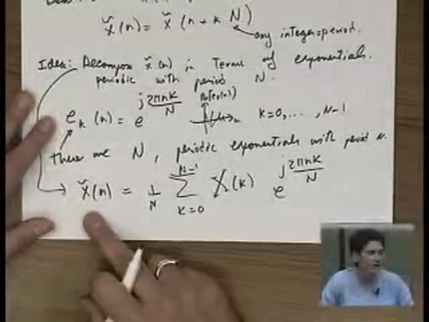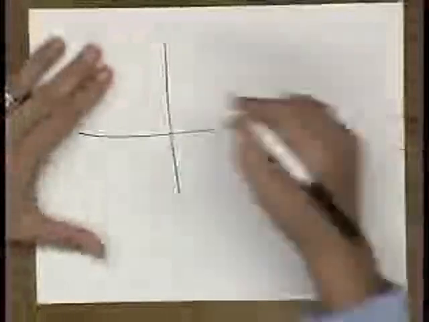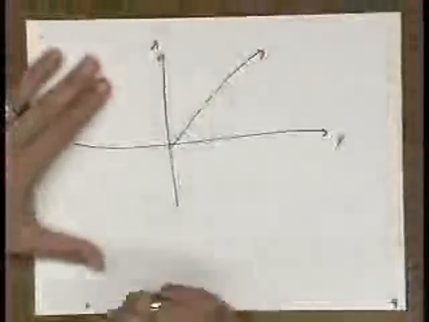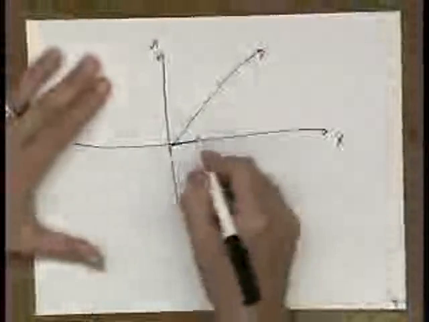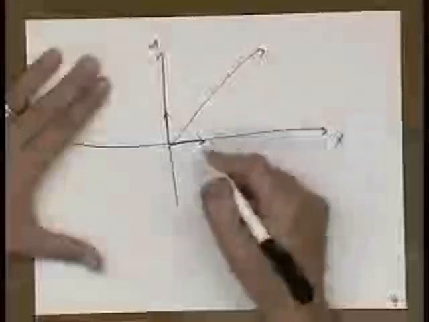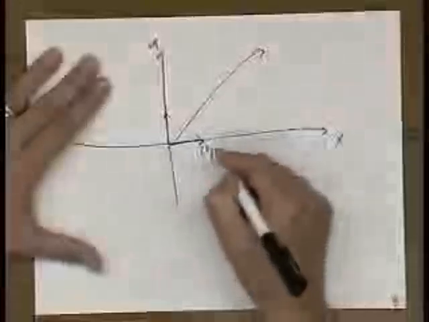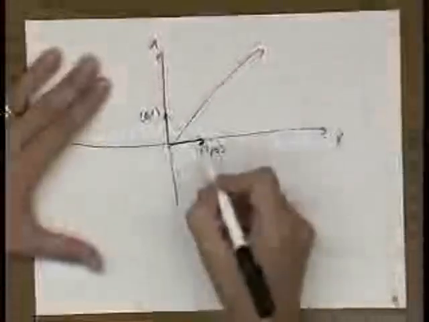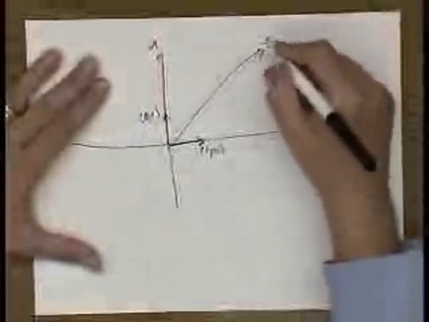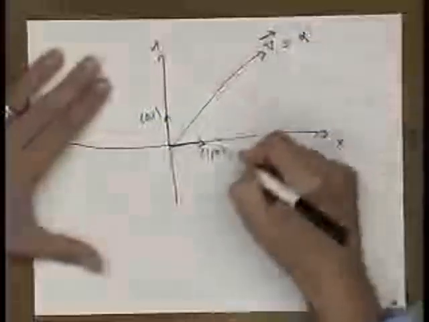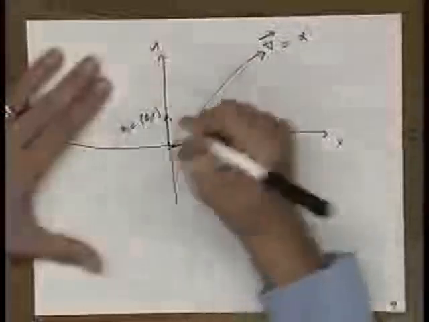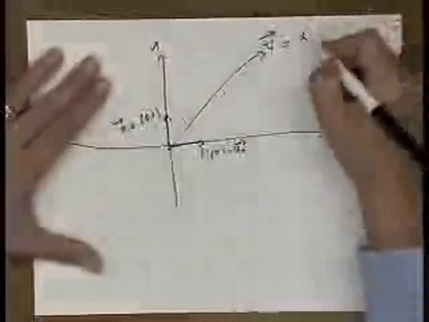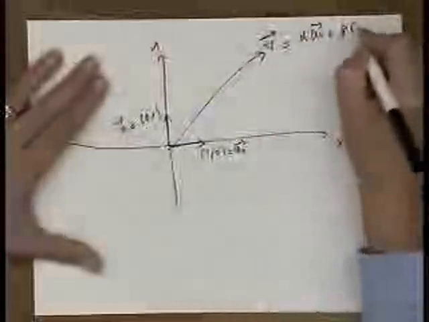Let's think of linear algebra. Suppose I'm sticking to 2 dimensions, x and y, and I have an arbitrary vector, and I can decompose that in terms of a linear weight of 2 unit vectors. This is the 1, 0 vector, and this is the 0, 1 vector. So I can say any arbitrary vector v is some alpha times u0 plus beta times u1.